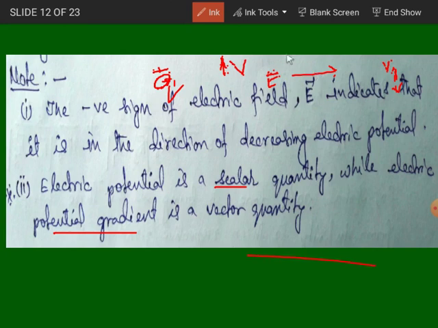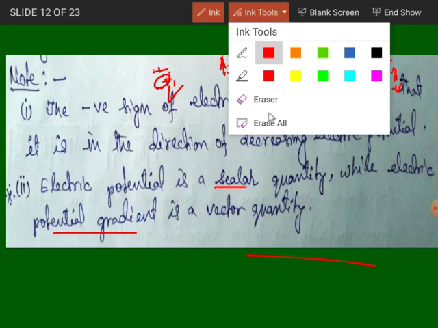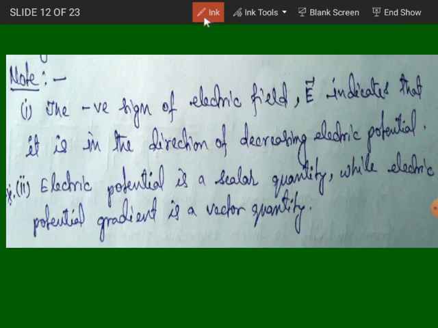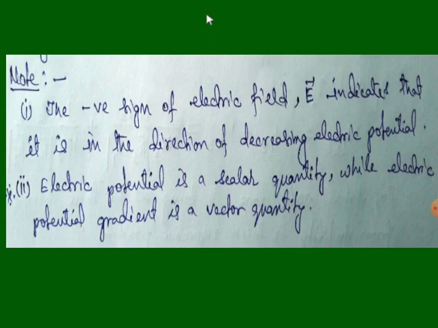Now let's see what is meant by equipotential surfaces. Equipotential surfaces are nothing but surfaces which have the same potential. So in singular form, an equipotential surface is a particular surface at every point on which the electric potential will remain the same.